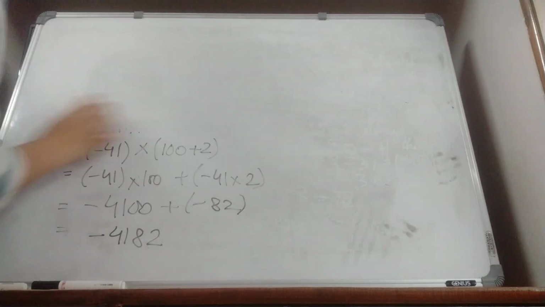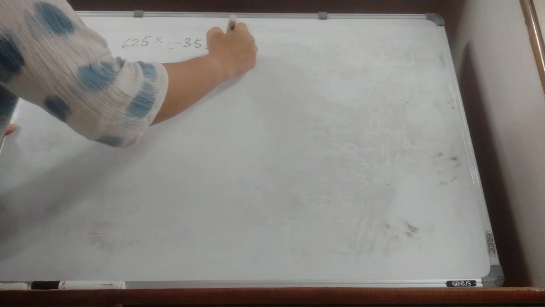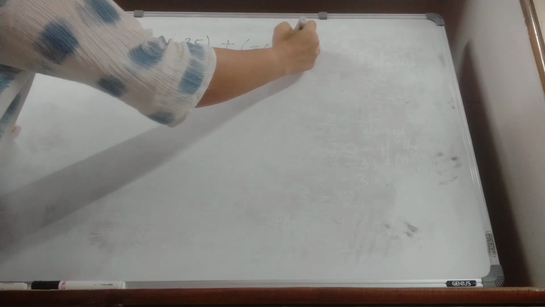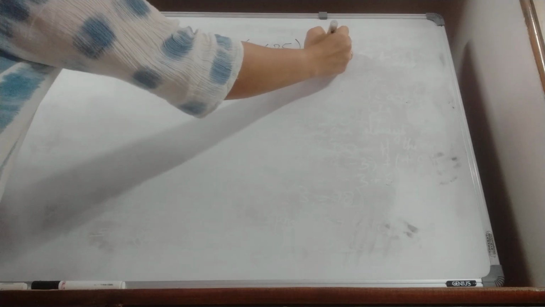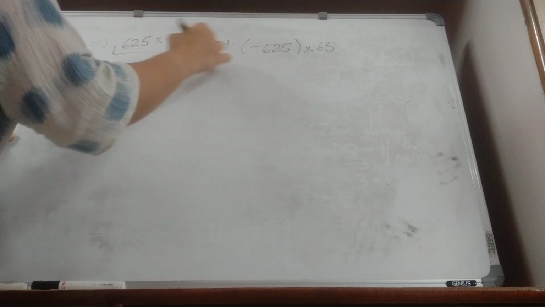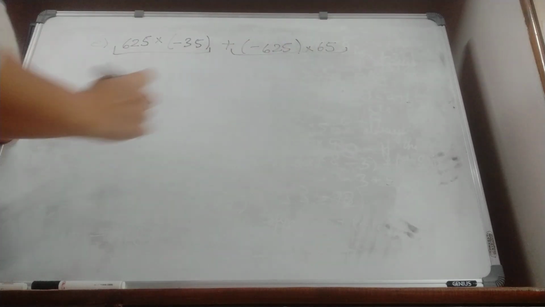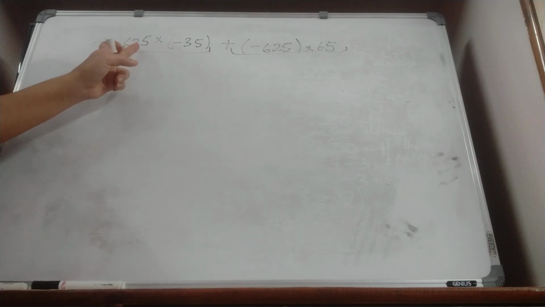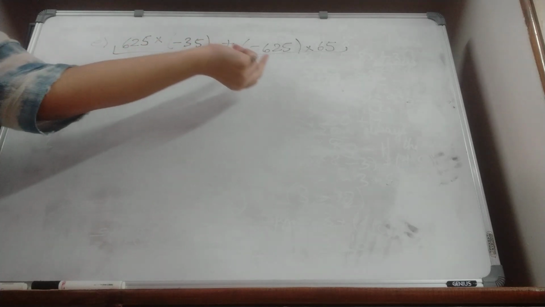Now let's come to the E part. E part says 625. Okay, this is important. Please be careful. Listen. 625 into minus 35 plus minus 625 into 65. Now, again, two terms are there clearly, but in one term 625 is positive, in the other term 625 is negative.